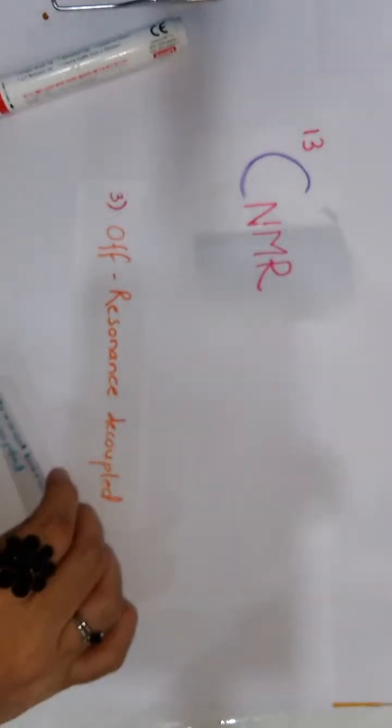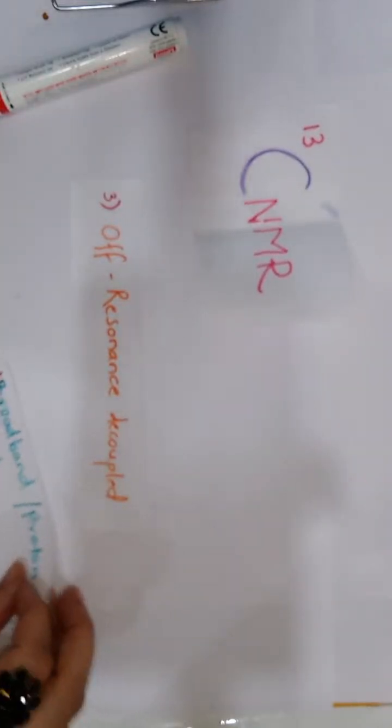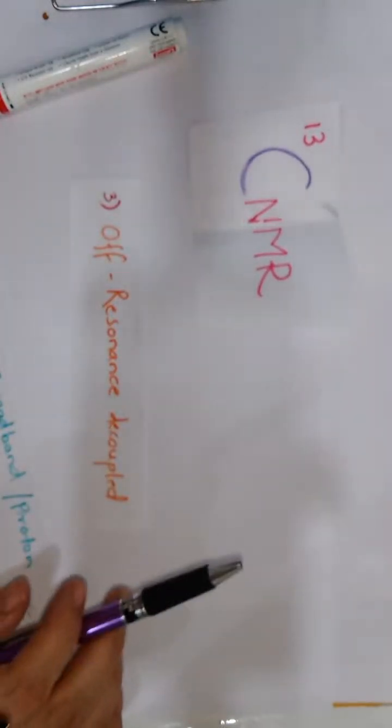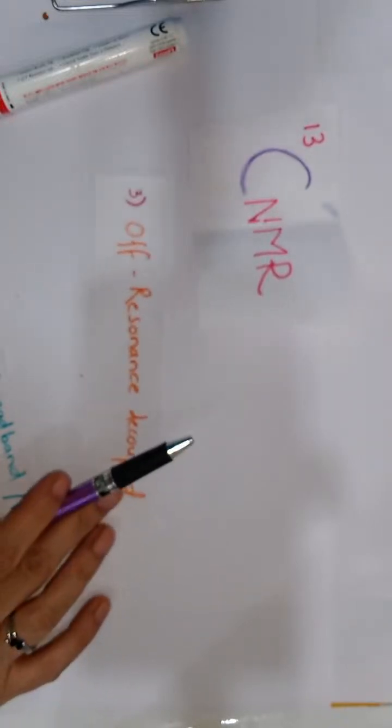The typical proton decoupling technique has the advantage that it simplifies the spectrum. Due to the Overhauser effect, carbon atoms with attached hydrogens show increased intensity, and so we get good peaks, good signals.